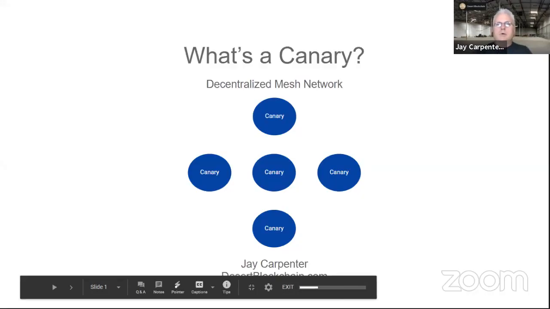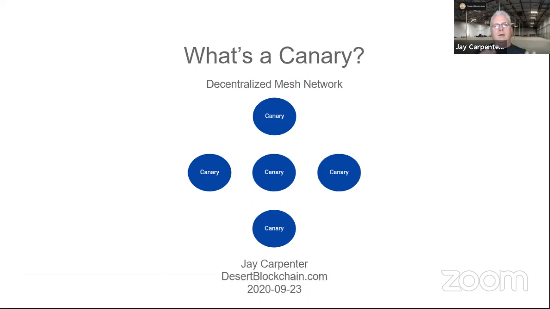So the topic is, what is a Canary? Decentralized mesh networking. This image shows that a mesh network consists of independent but communicating peers across some sort of geographic space. It means that there's no central server.